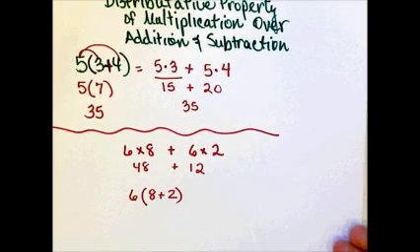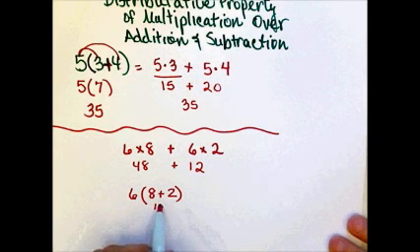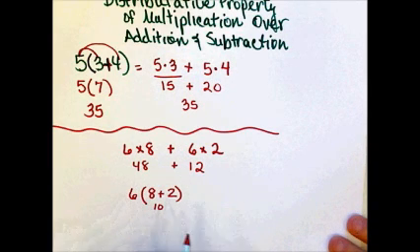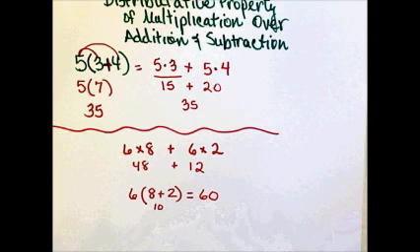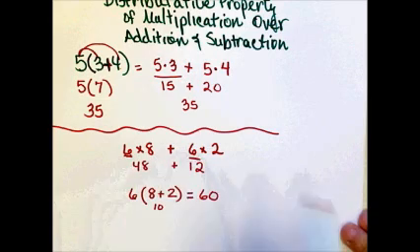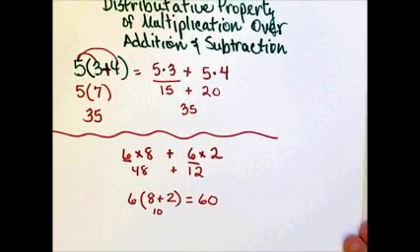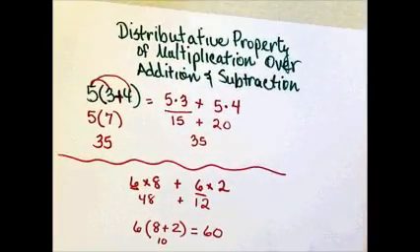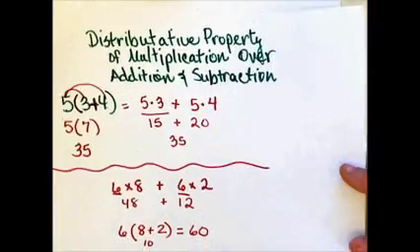Now, if I look at this, 8 plus 2 is 10. 10 times 6 is 60. Okay, that was very quick. Okay, and I could do that because I had 6 in both factors. Okay. So the distributive property of multiplication over addition.